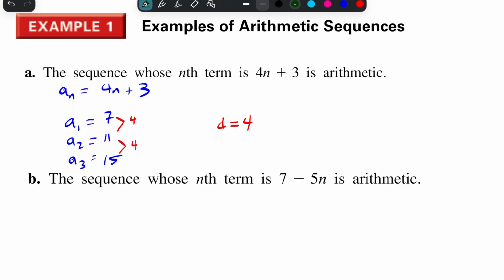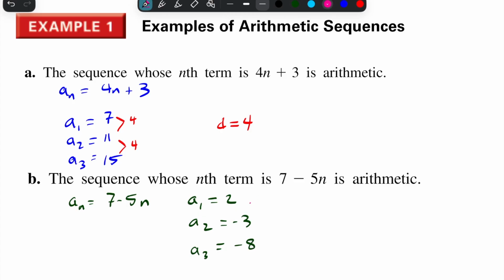All right, let's try another one. In this case, an is 7 minus 5n. So a1 is 7 minus 5 times 1, which would just be 2. a2, 7 minus 5 times 2, which is negative 3. 7 minus 10 is negative 3. a3, 7 minus 5 times 3, so 7 minus 15 is negative 8.